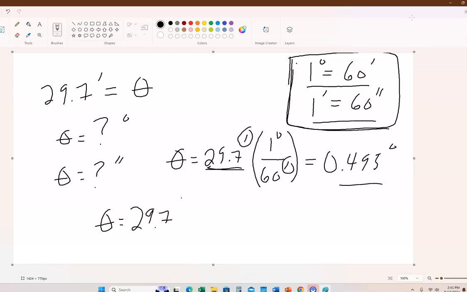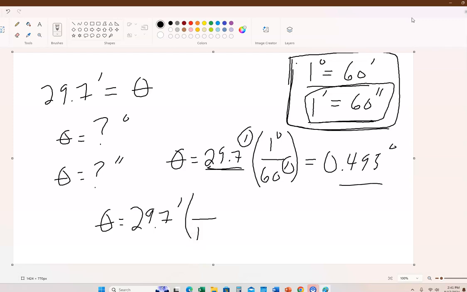Now let's convert the same angle, 29.7 arc minutes, to arc seconds. Obviously I'm going to use this bottom conversion now. 1 degree, sorry, I said that wrong. 1 arc minute is 60 arc seconds.